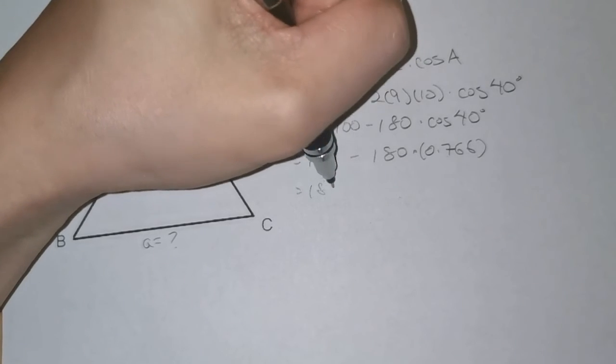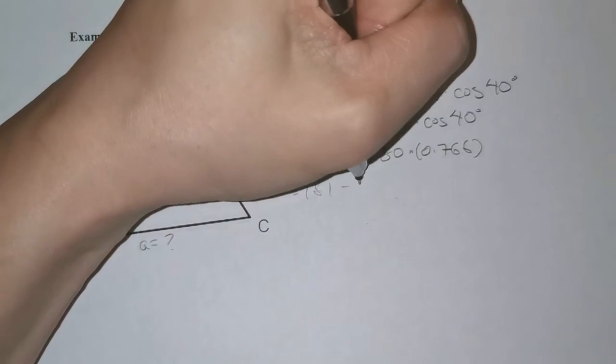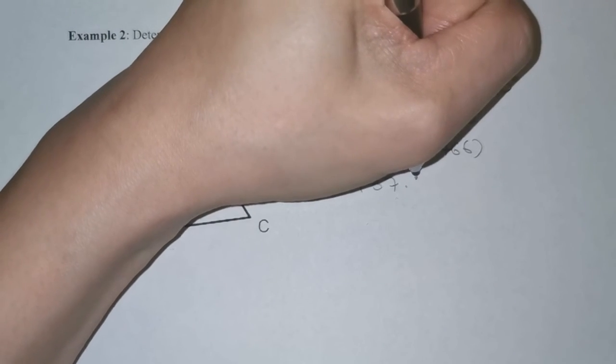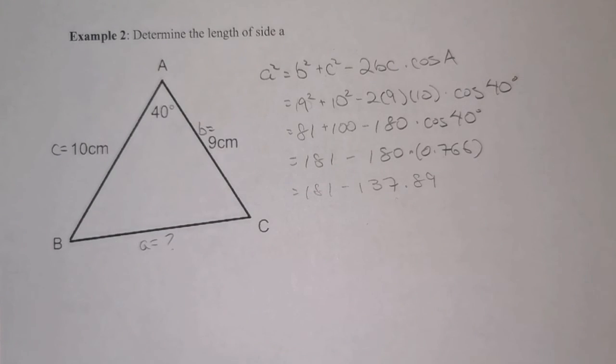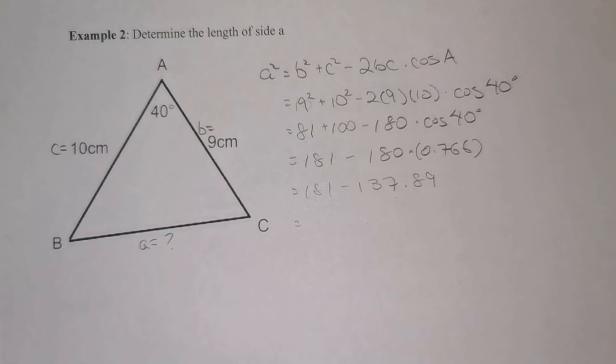So we have 181 minus 180 times cos 40, so that's 137.89, somewhere around that. So I have 137.89 subtract 181.